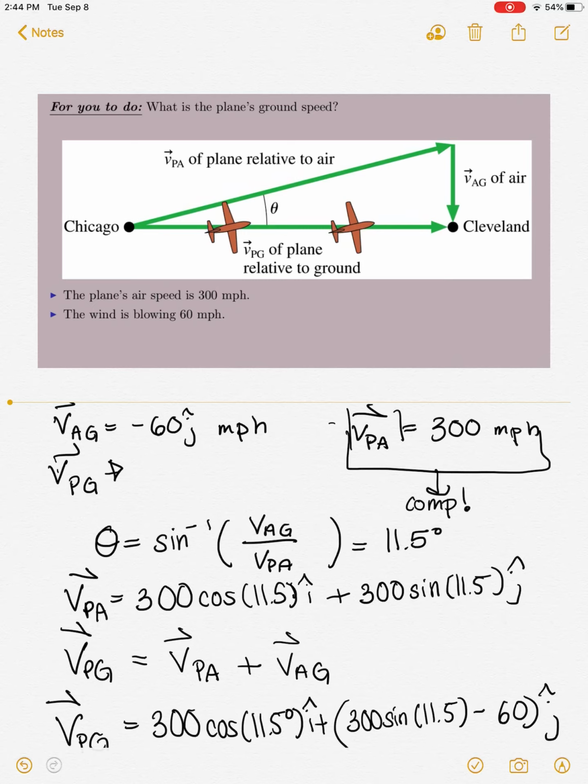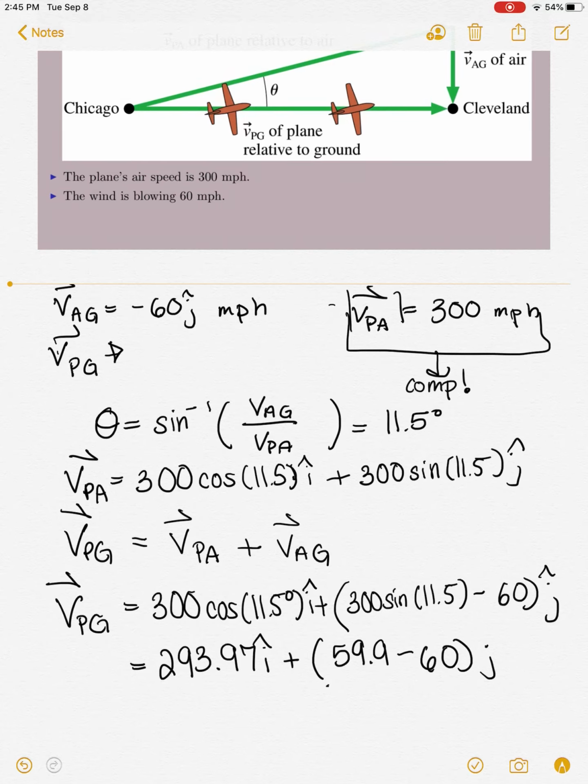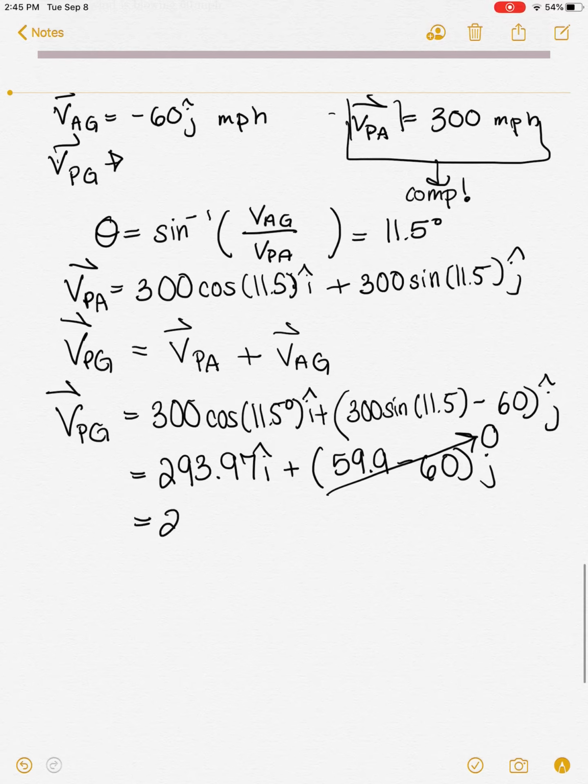I see that my I hat is going to be 293.97 I hat, and then plus 59.9 minus 60 j hat, which overall goes to 0.